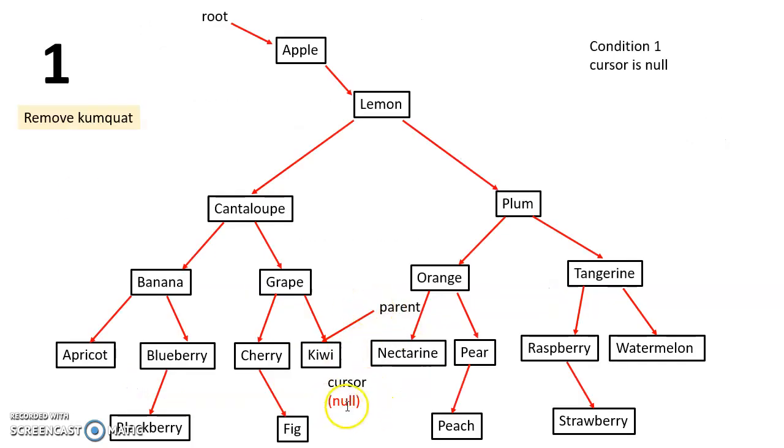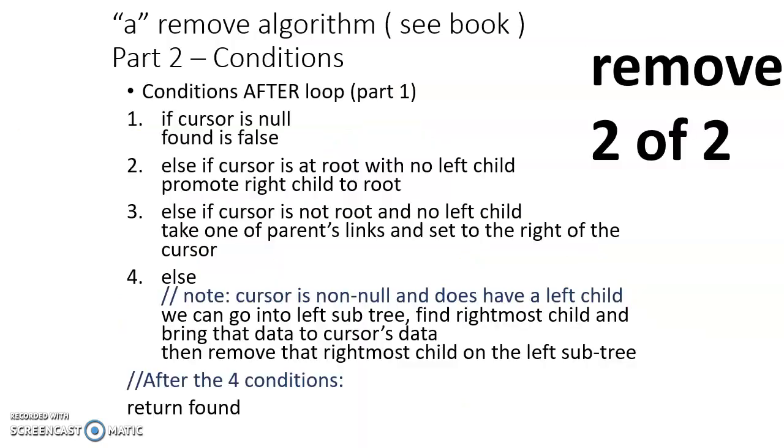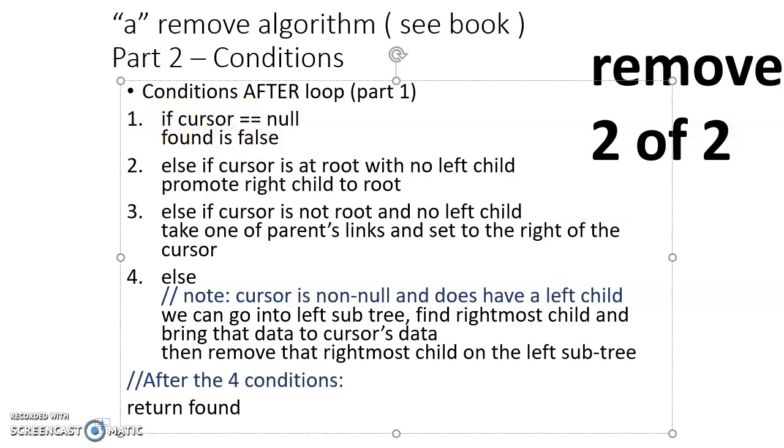When we fell off the tree, cursor was null. Now found already is set to true, but if we were to do the Java equivalent of it, this is something I would mention on the board: by having this if statement here, if cursor is null, then whenever cursor is being referenced here, we know it's not null, and the compiler is not going to raise a potential issue.